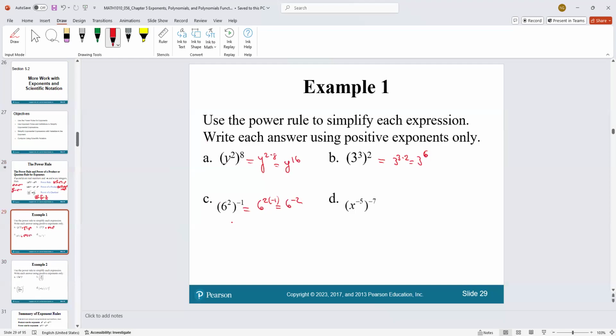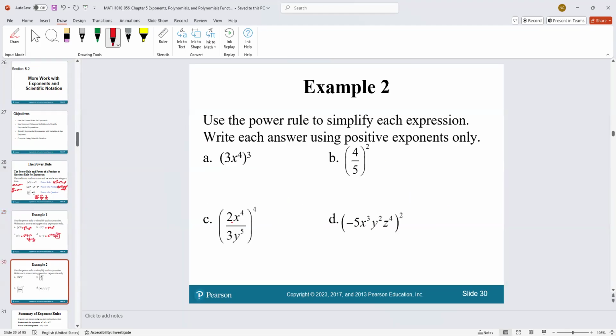But remember, we said the exponent should never be negative, so we're going to flip it. It's going to make it 1 over 6 power 2, which is 1 over 36. And for this one, remember x power -5 times -7, two negatives in multiplication become positive 35. So both negative, when you multiply them, become positive.